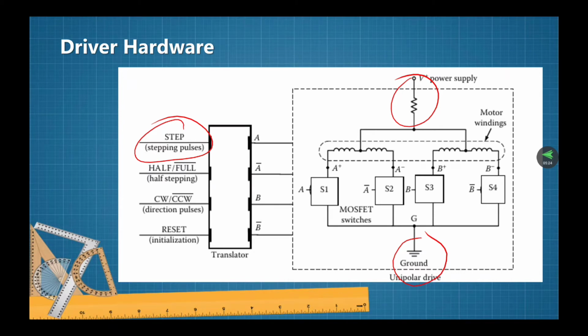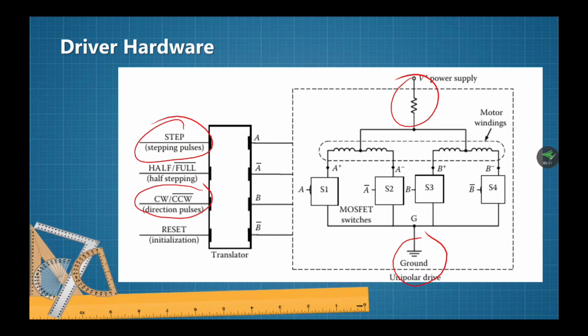A transition from a low level to the high level, or the rising edge of the pulse, will cause the motor to move by one step. The direction in which the motor moves is determined by the state of the pin denoted by clockwise or counterclockwise.